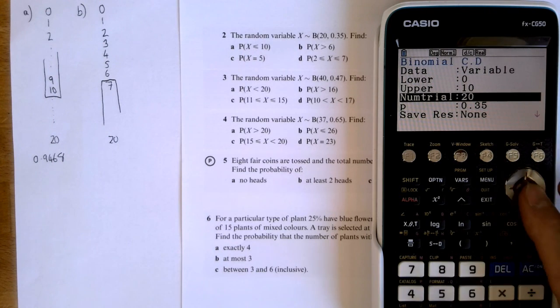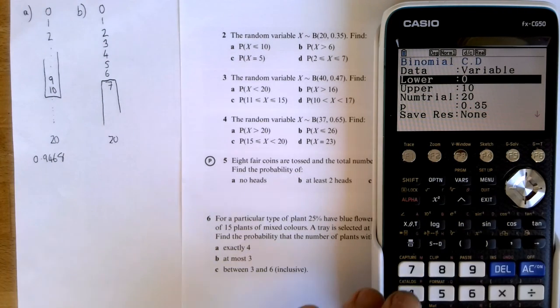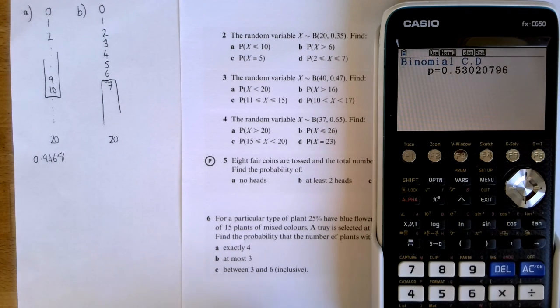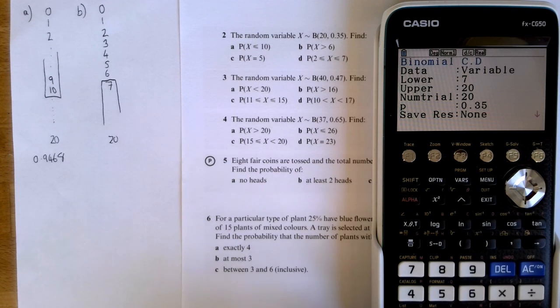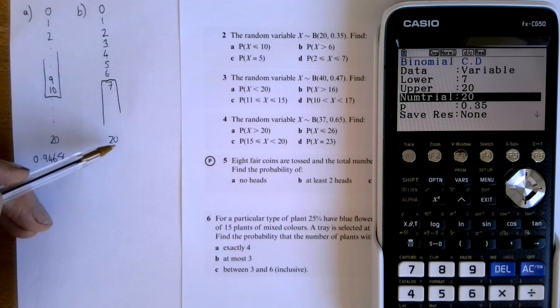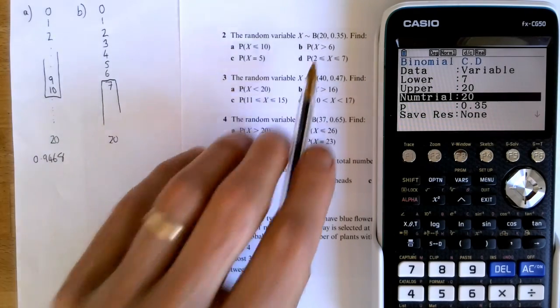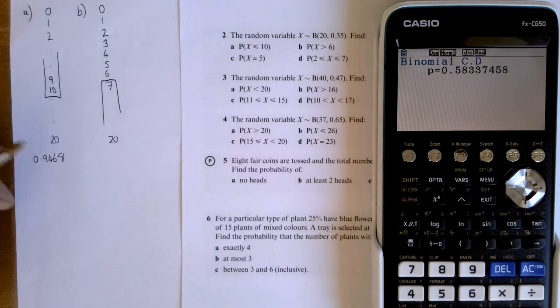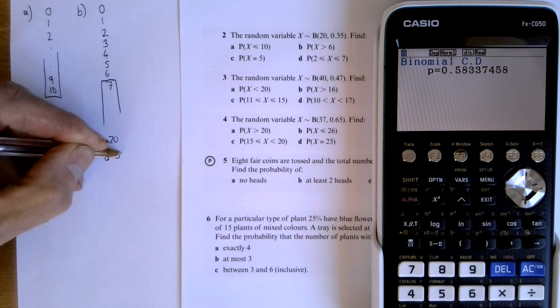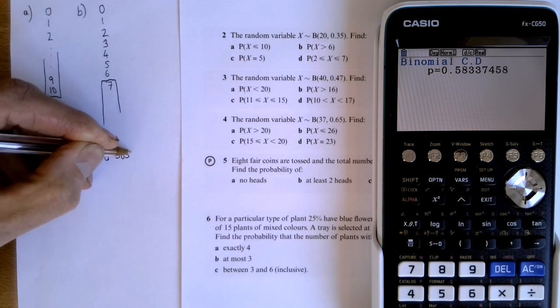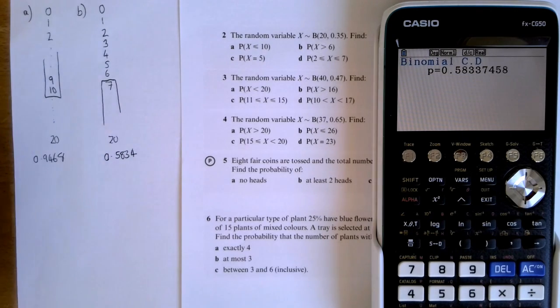So I'm going to enter a lower of 7 and an upper of 20. So a lower of 7 and upper of 20 is how I work out the probability that x is greater than 6. So that's 0.583.